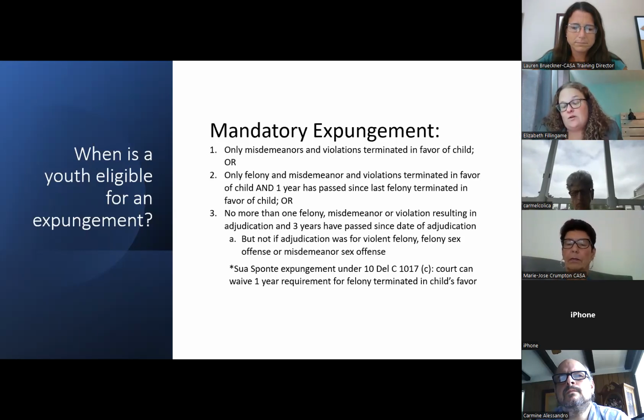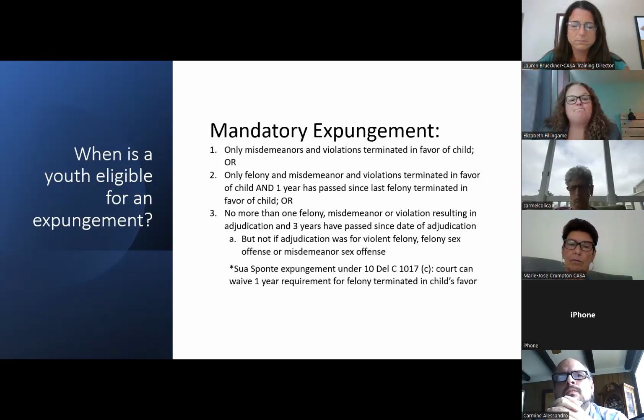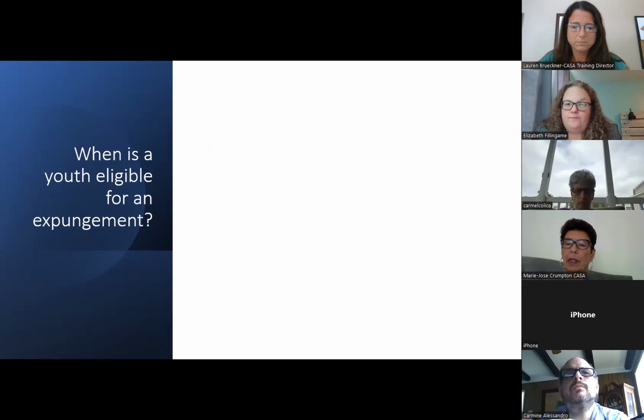So the good news, when the court does these sua sponte, is that we're not waiting for me to come around to that kid on my list again, and then reach out to the child's attorney and the coordinator and say, this kid is eligible, and going through that whole process, then filing the paperwork. So it's much, much faster, which is great for our youth who are potentially applying for jobs and applying for colleges, and we don't want these things on their record. All right, so that's mandatory.